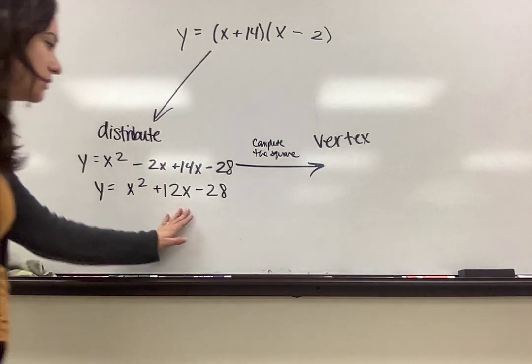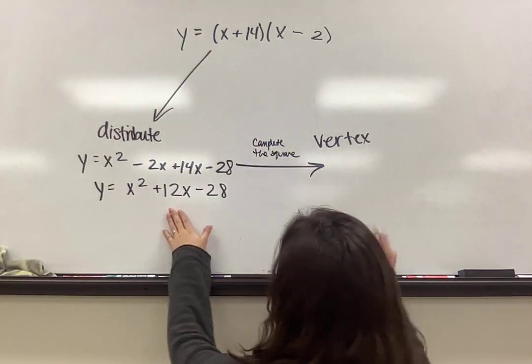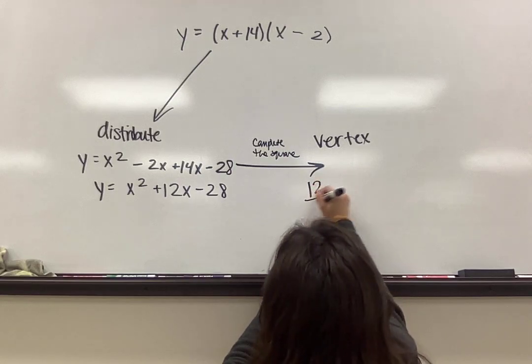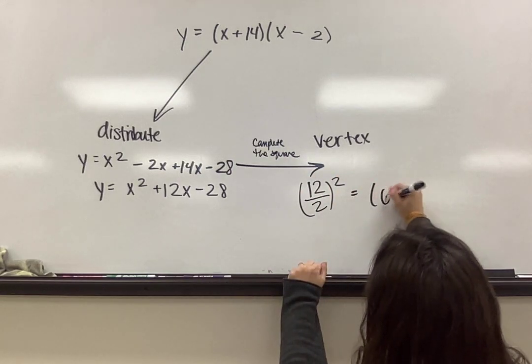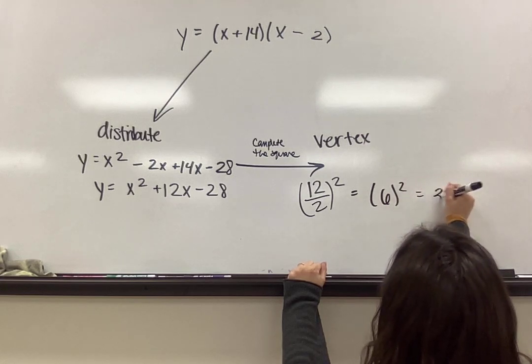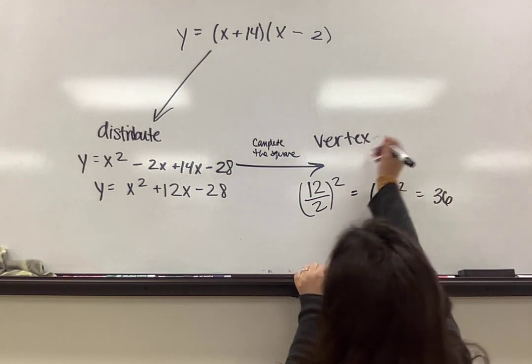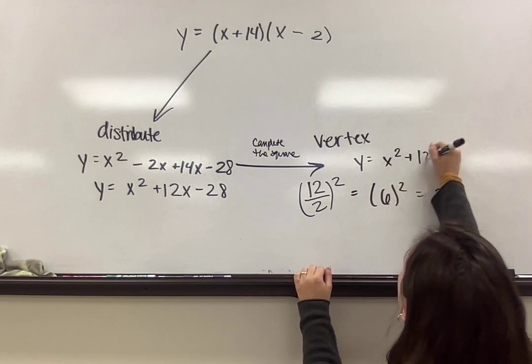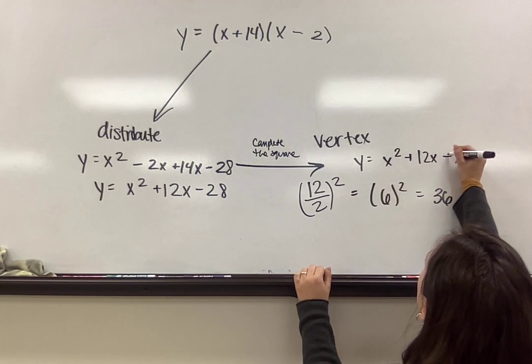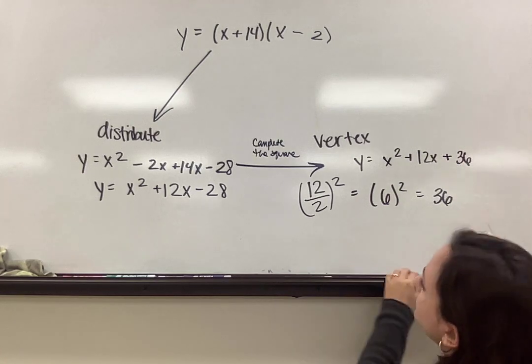I need to use this. Okay. Completing the square. 12 divided by 2 squared is 6 squared, 36. Okay. So x squared plus 12x plus 36.